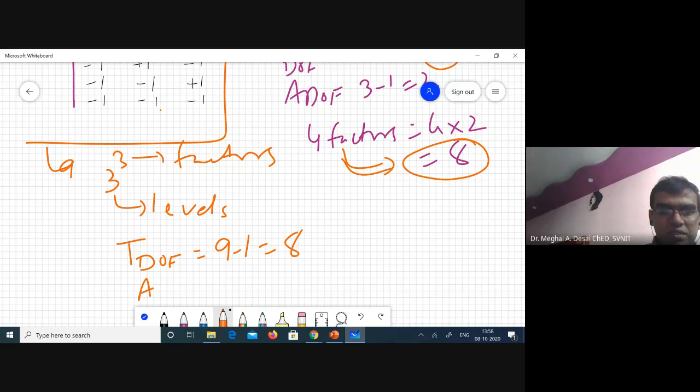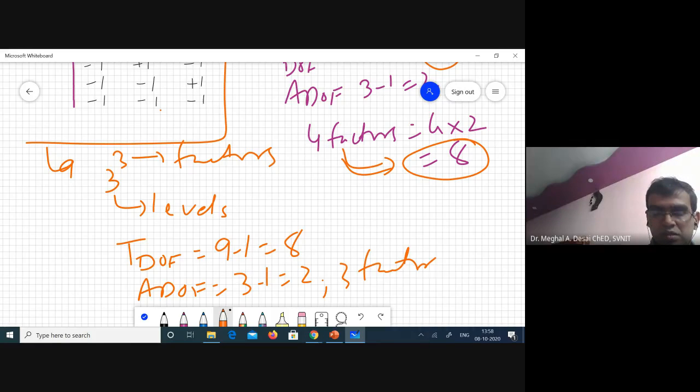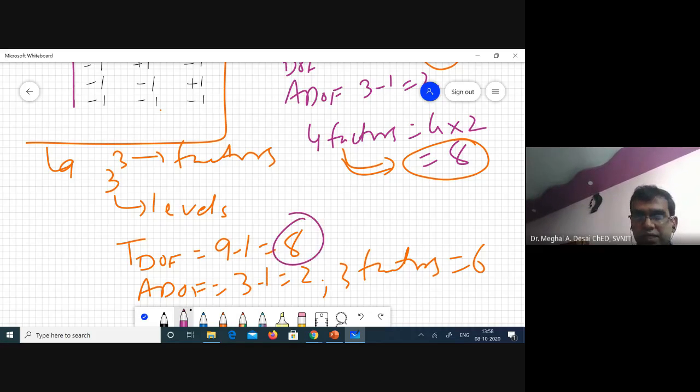If I find the individual degree of freedom, 3 minus 1, 2. I have 4 factors. No, sorry, I have 3 factors. So 6 degrees of freedom. So if you compare these two, 8 and 6, there is a difference of 2.